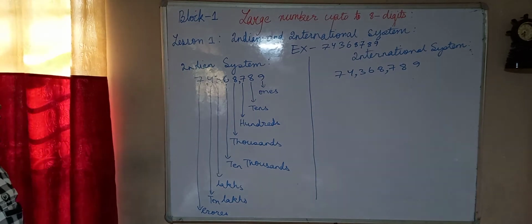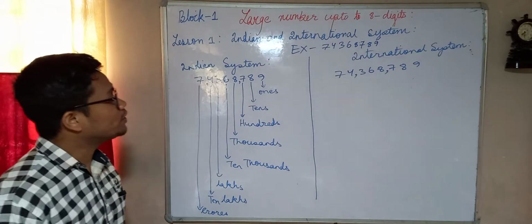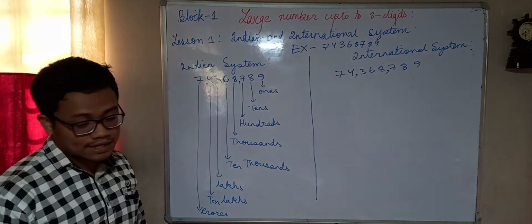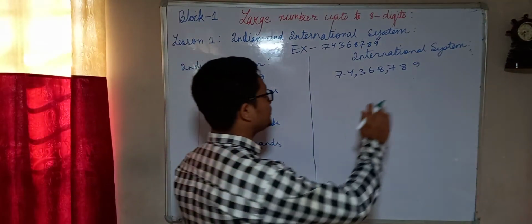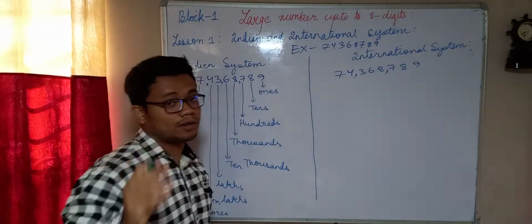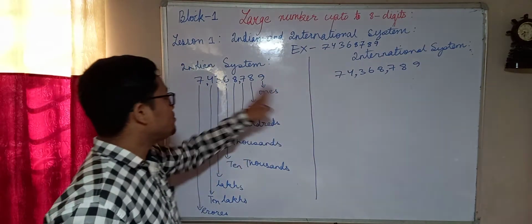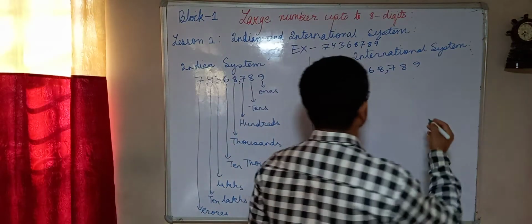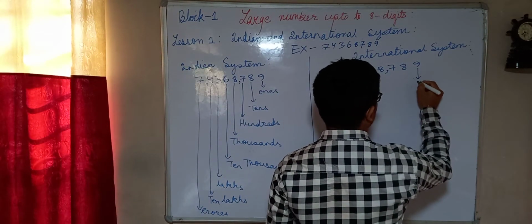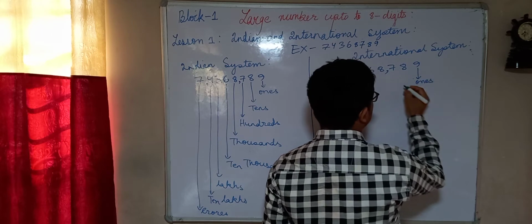So this was the Indian number system, which you already knew in your previous class, class 5. Today let us learn how we name the same number in the international number system. The first digit will be called ones only.